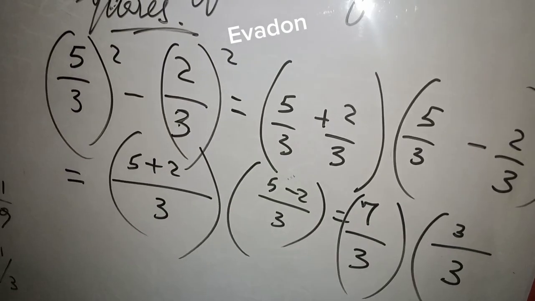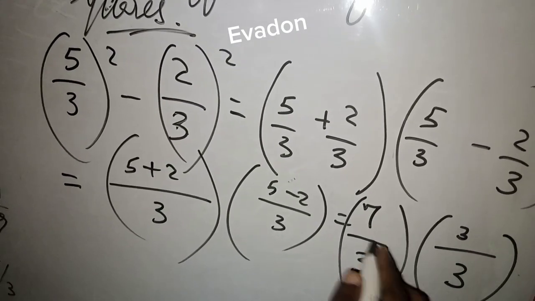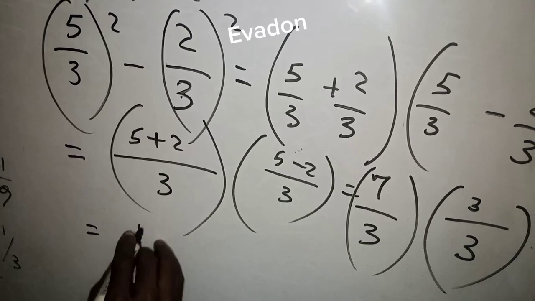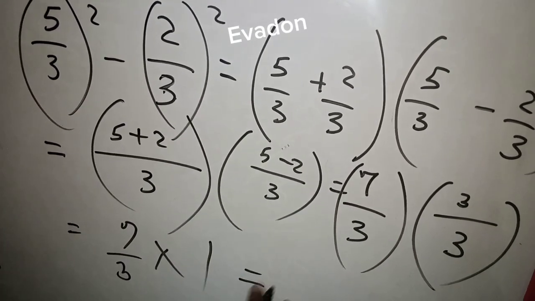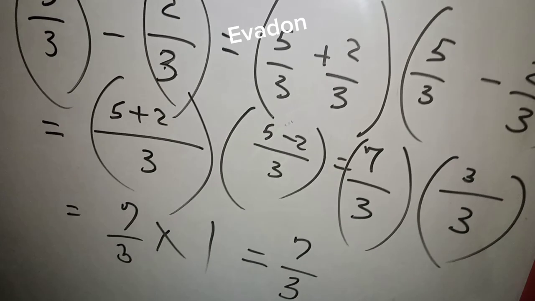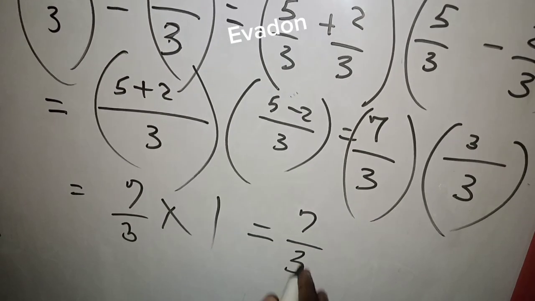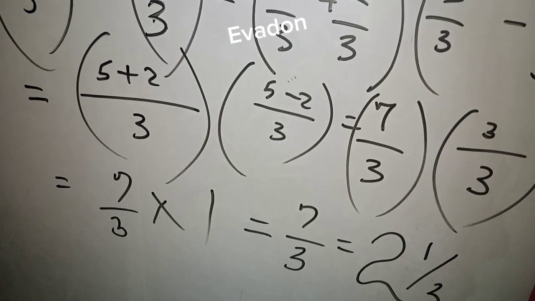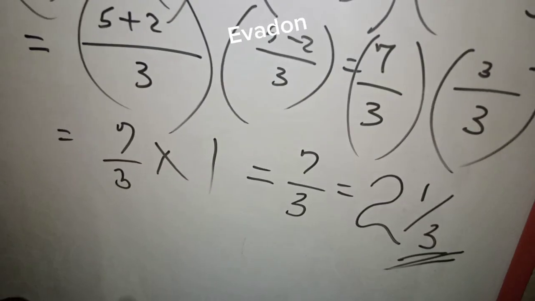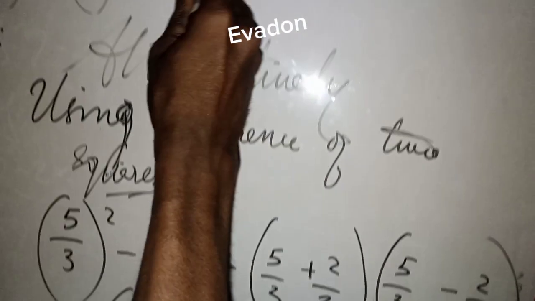So we have 7 over 3 times 3 divided by 3, which is 1, giving me 7 over 3. How many 3s can we see in 7? We have two 3s in 7, remainder 1 over 3. Still the same: 2 whole number, 1 over 3, which is option A.